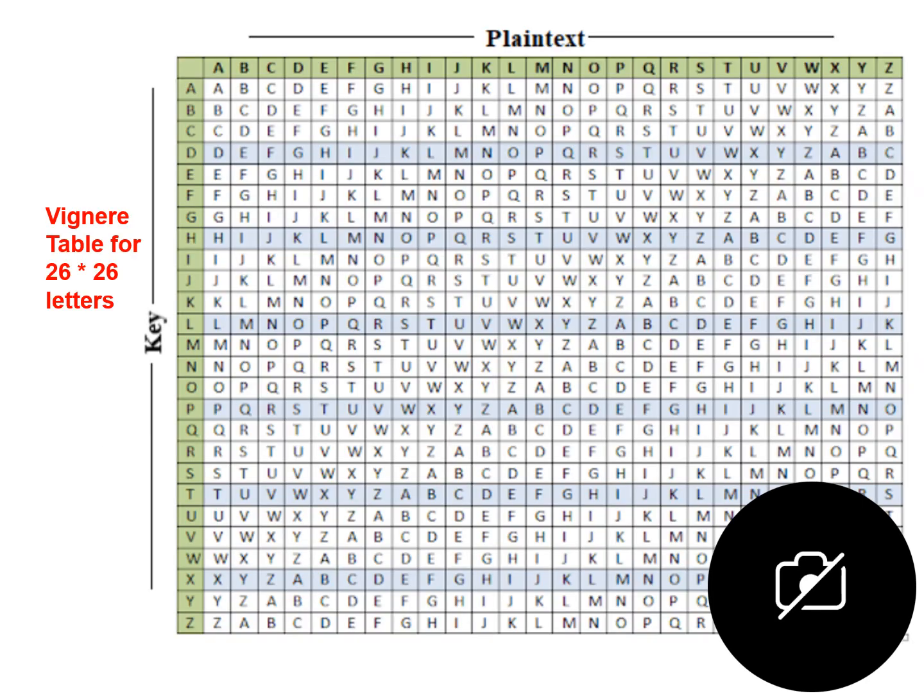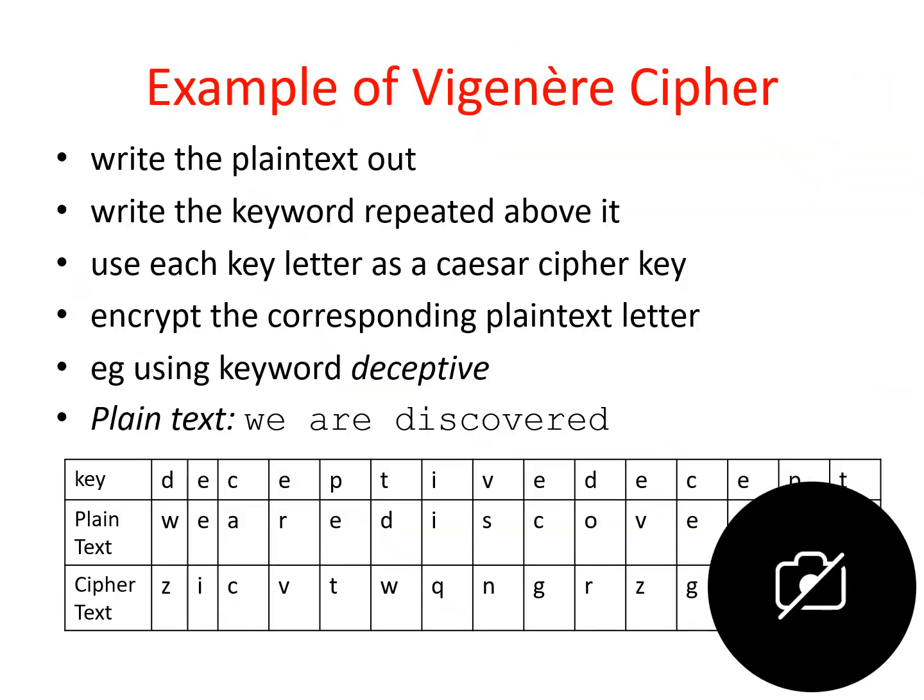For example, the keyword here is deceptive. Using the keyword deceptive and the plaintext, we take the first letter of the key and the first letter of the plaintext, see which row and column intersect, and that box will be the ciphertext.